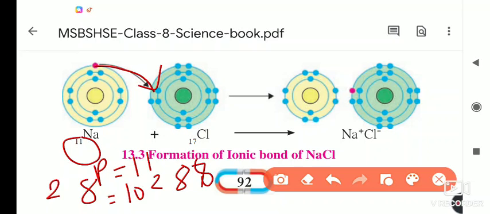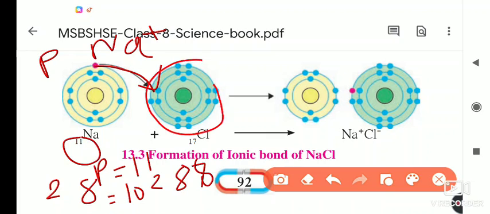And sodium has how many electrons? 10 electrons. The protons are positively charged, so protons are more. That's why we have to write sodium plus, because it shows that there is one proton more than the electrons after sodium donates 1 electron, and then sodium forms the sodium cation. The electron donated by sodium is taken by chlorine.